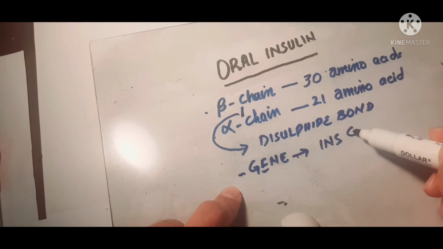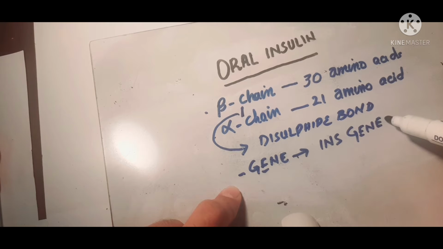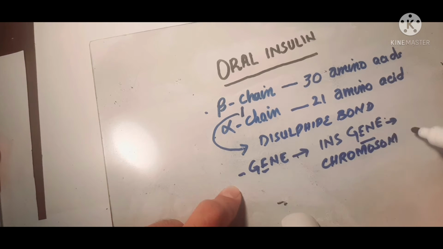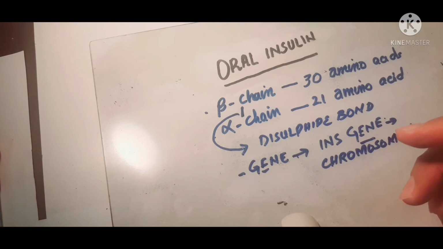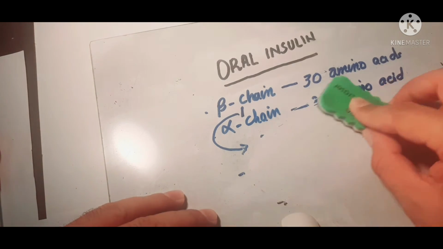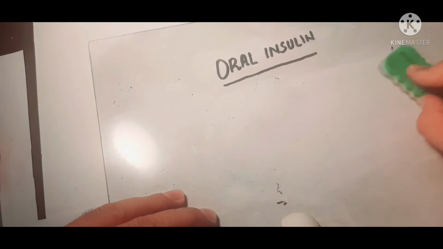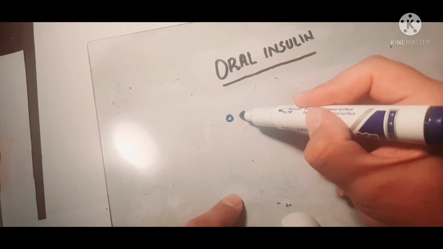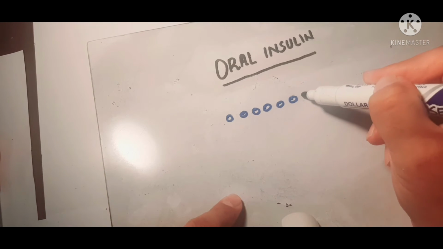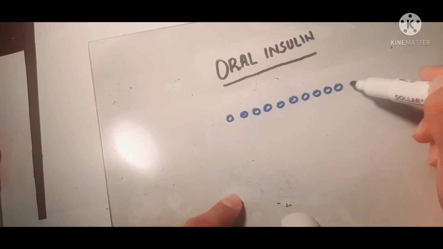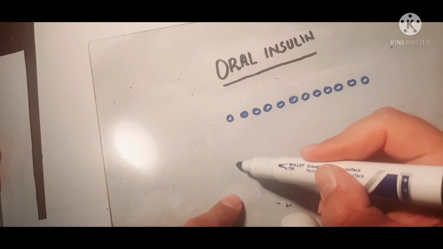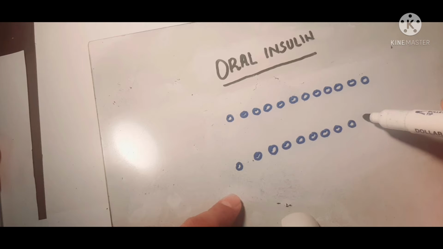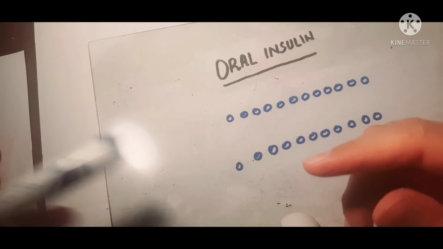The gene which is responsible for the insulin is the INS gene, which is located on chromosome 11. It encodes for the amino acids for the proteins which make insulin. We know that we have 46 chromosomes.